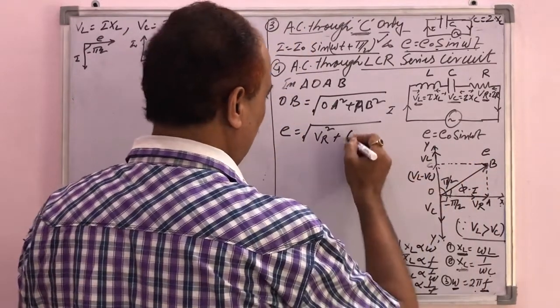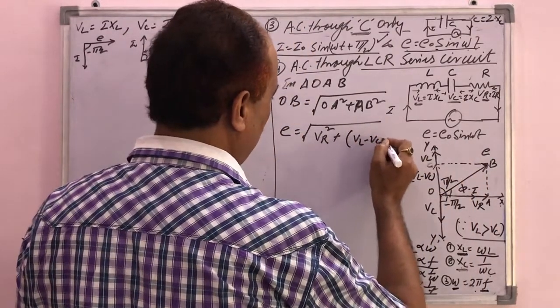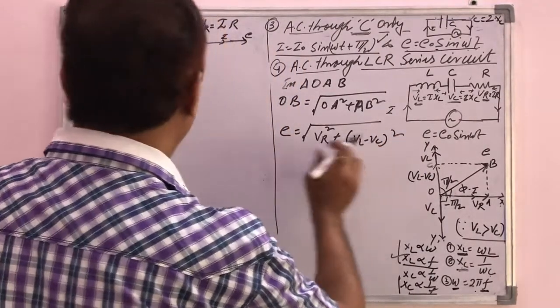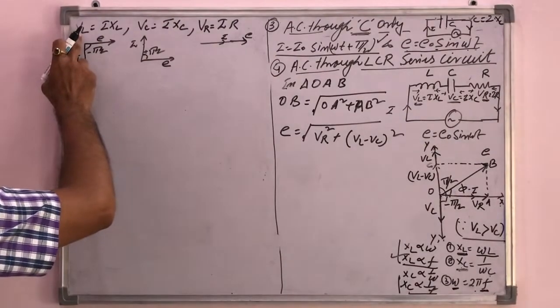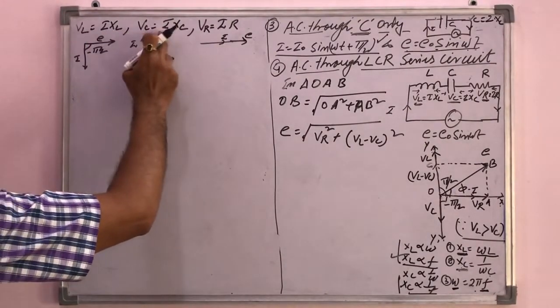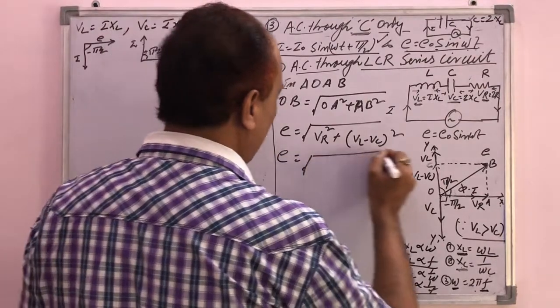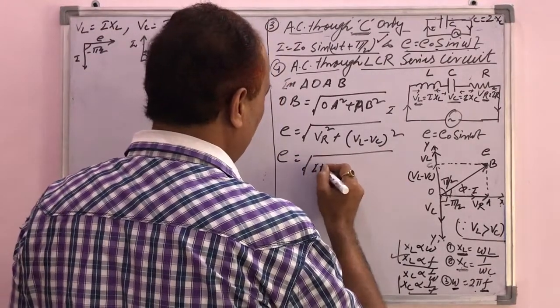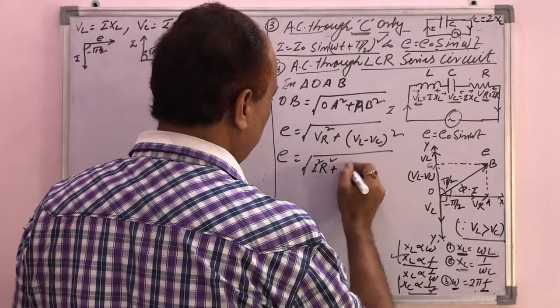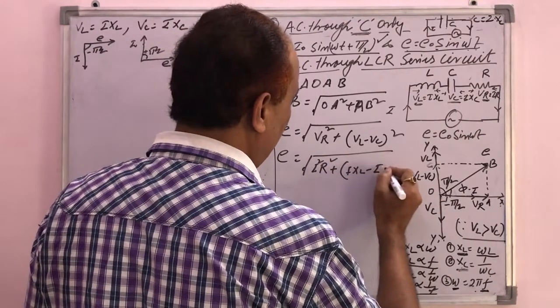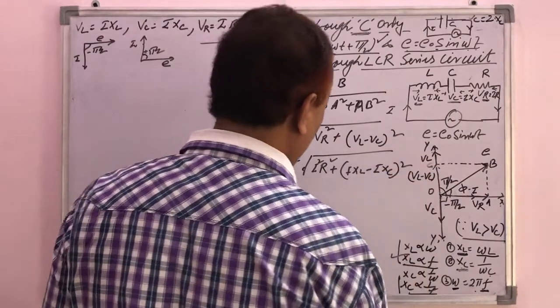VL minus VC, so (VL minus VC) whole square. Put the values of VR, VL and VC from these equations: VL equal to I XL, VC equal to I XC, and VR equal to I into R. So E will be equal to square root of I square R square plus (I XL minus I XC) whole square.